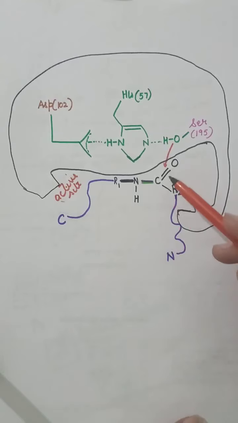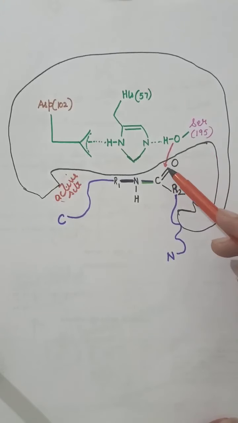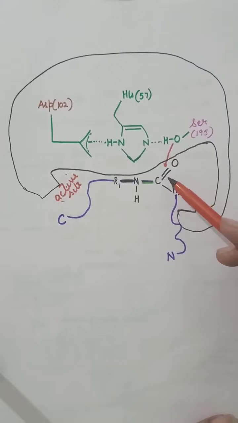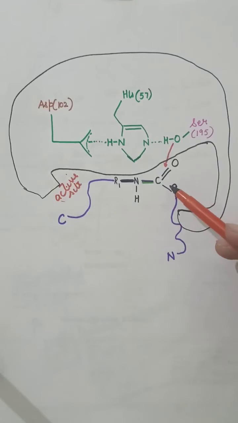And after this binding, the susceptible peptide bond which breaks remains close to this serine residue, and after that this bond breaks and this whole polypeptide, the protein which we have taken from our diet, gets broken into smaller peptides. Now I want to tell you what happens in chymotrypsinogen.